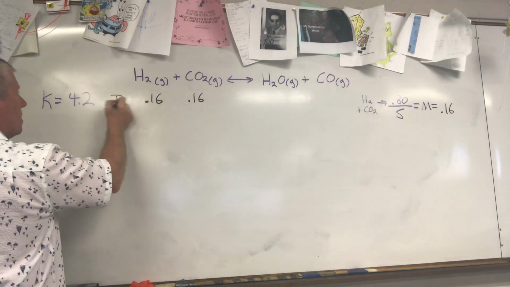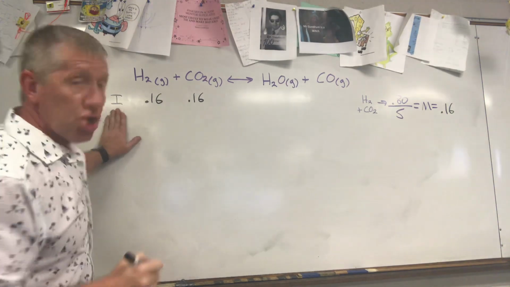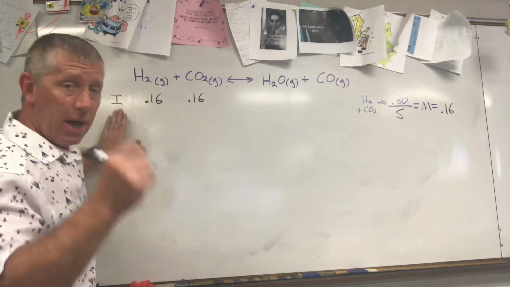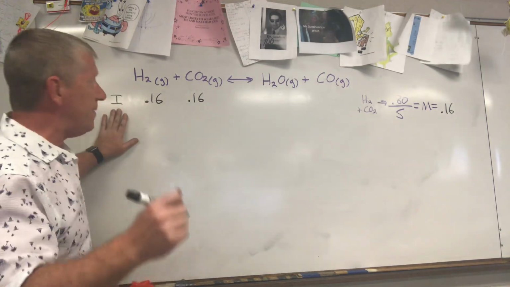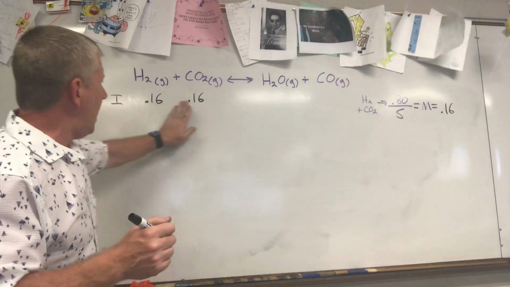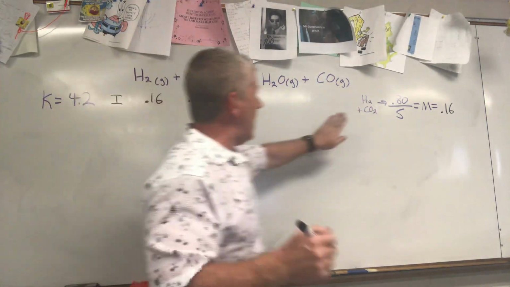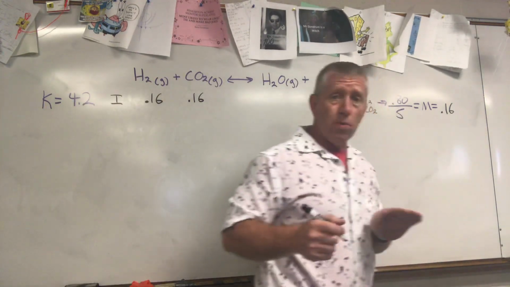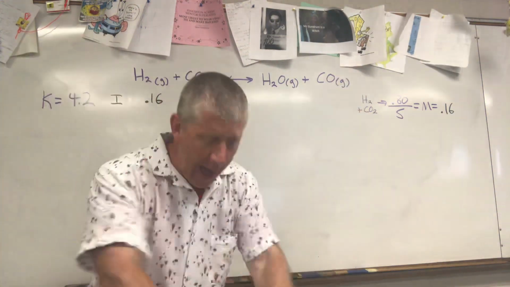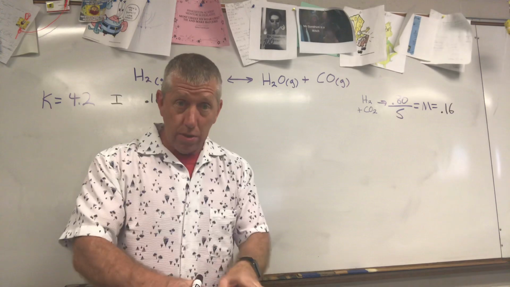I. Initial. That's your initial concentration of everything in the reaction. The initial concentration of the hydrogen and carbon dioxide we calculated to come out to be 0.16. So we're throwing these two in the flask initially.